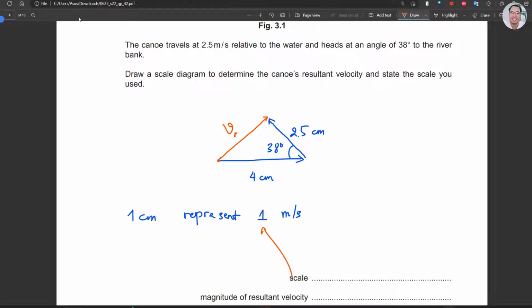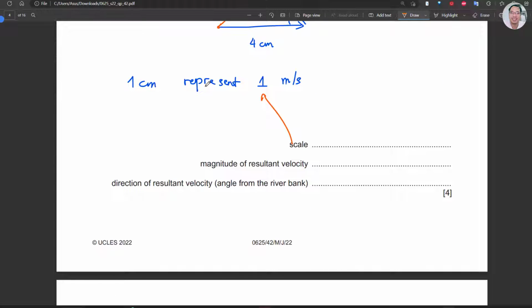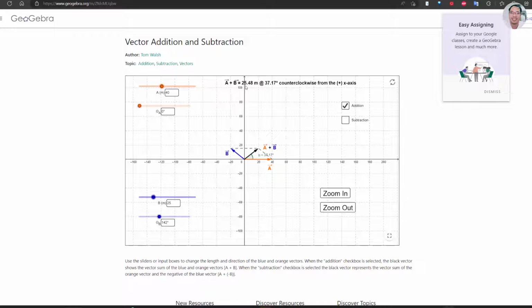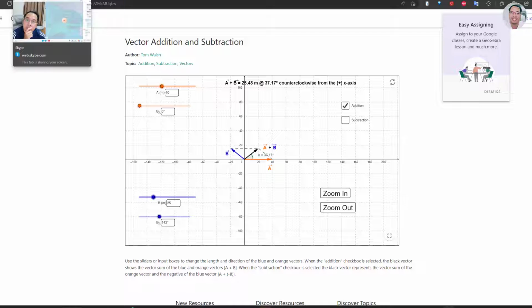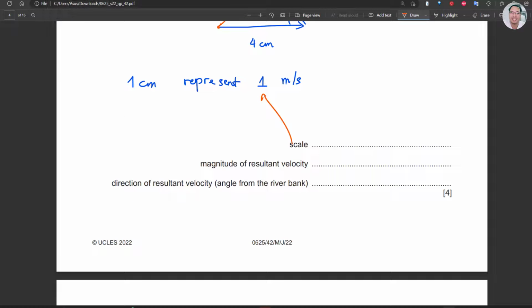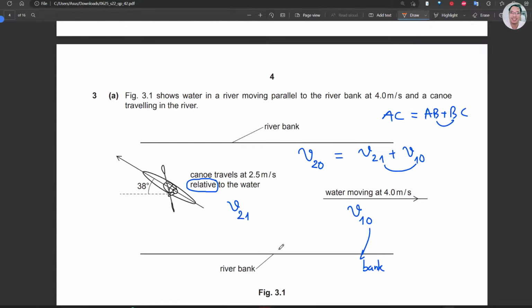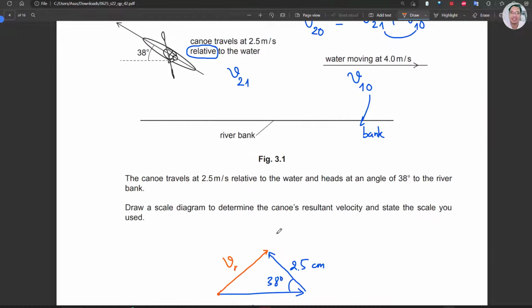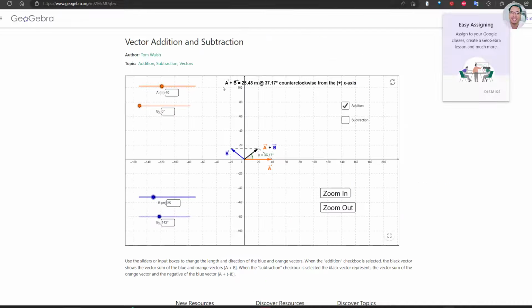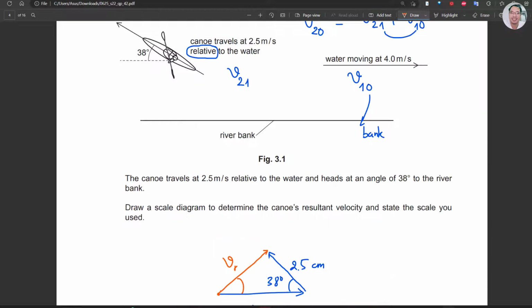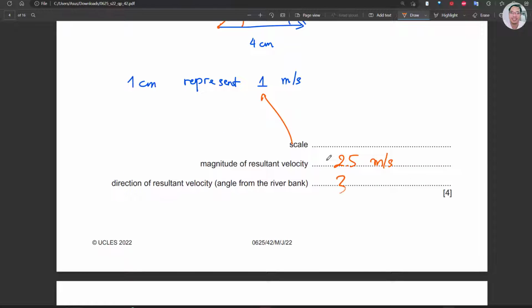The magnitude of the resultant velocity, according to this software, is 2.55, which we can round to 2.5 meters per second, two significant figures, and the angle from the river bank, meaning this angle, is 37 degrees.